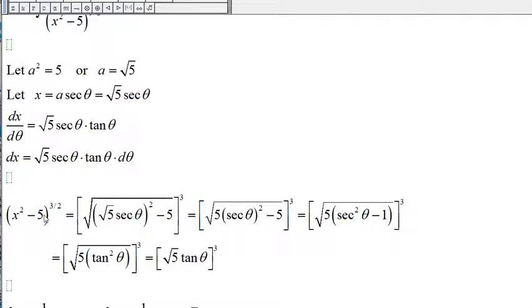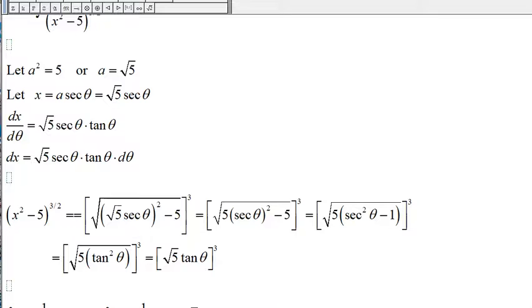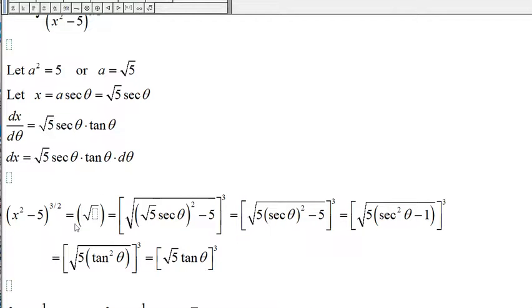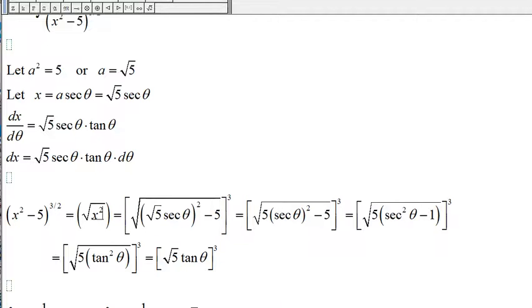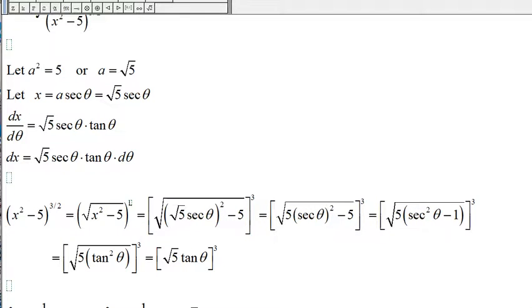So we have (x squared minus 5) to the 3 halves, which is the same as the square root of (x squared minus 5) to the third. So rational exponent of 3 halves is the same as the square root with the third power.